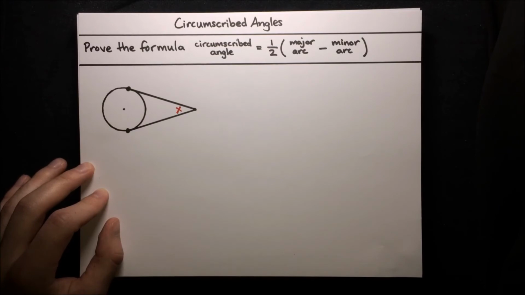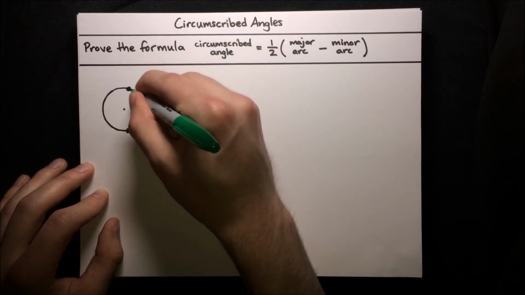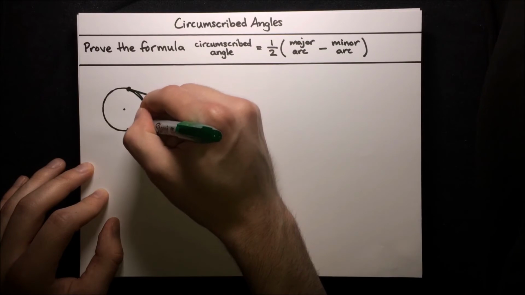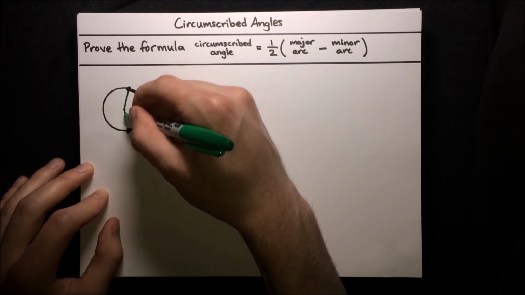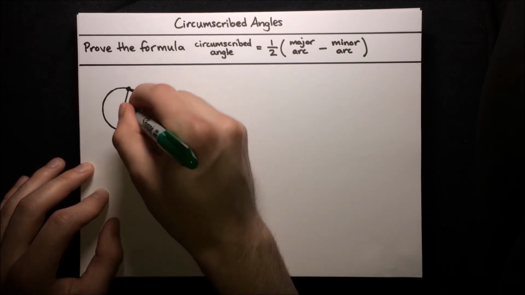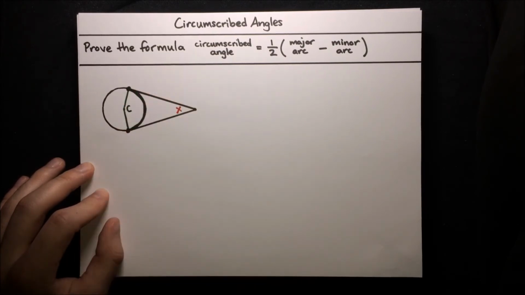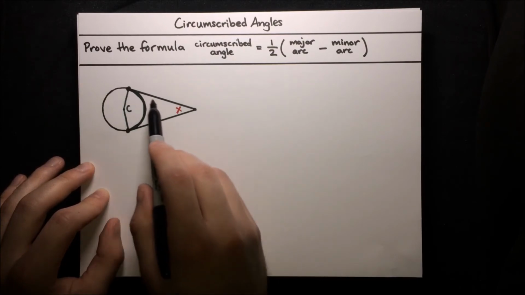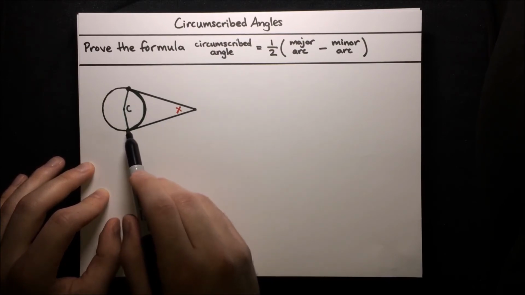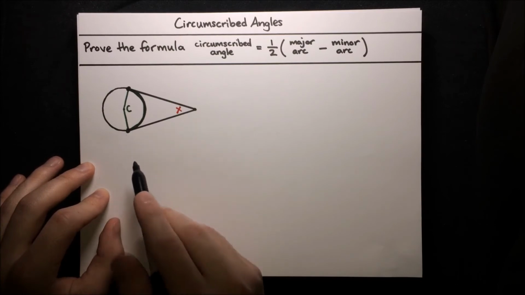Well, first of all, notice that the minor arc here is equal to the measure of this central angle right over here. Why don't we call that C for central angle? And now remember that a circumscribed angle is composed of two tangent segments to the circle, and tangent segments are perpendicular to the radius of the circle.